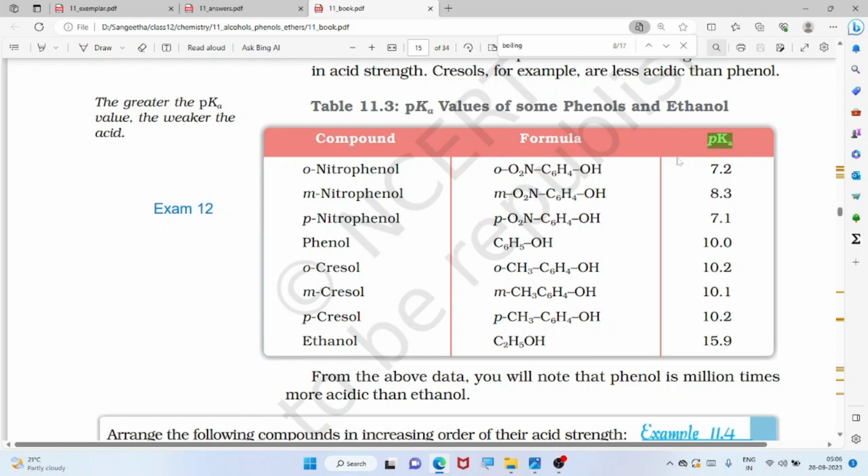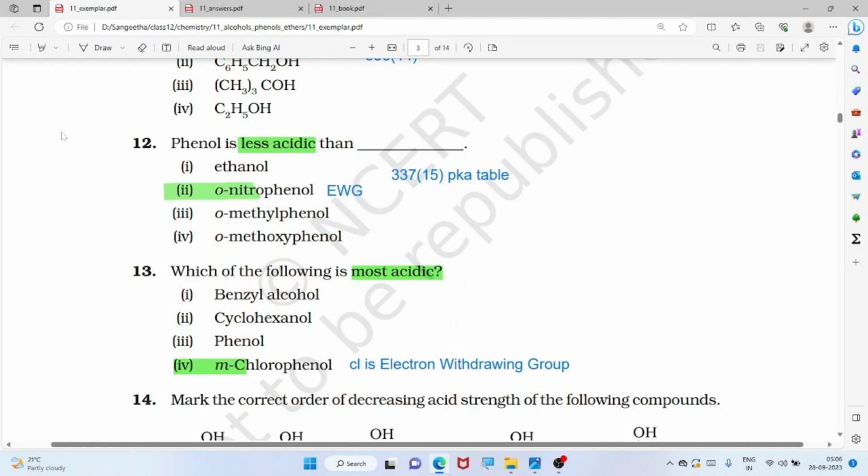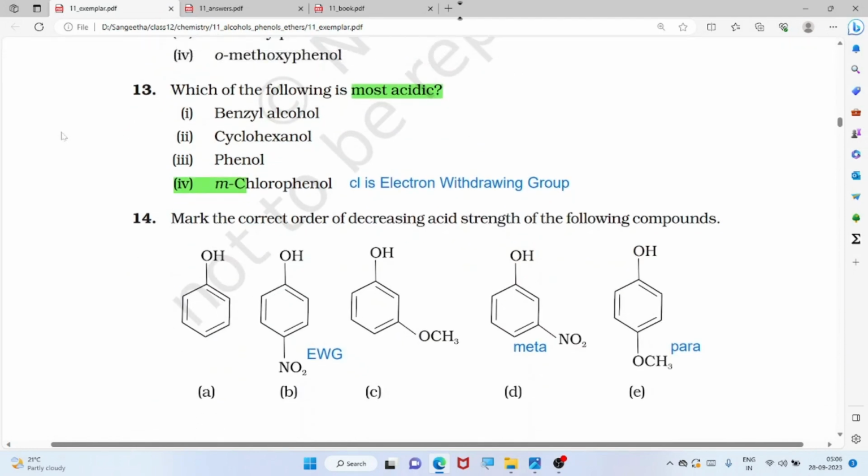So nitrophenol has a higher value than the phenol here, because of this electron withdrawing group, this is more acidic than the phenol. Which of the following is more acidic? Among these compounds, the chloro is also an electron withdrawing group. This is more acidic than the phenol.